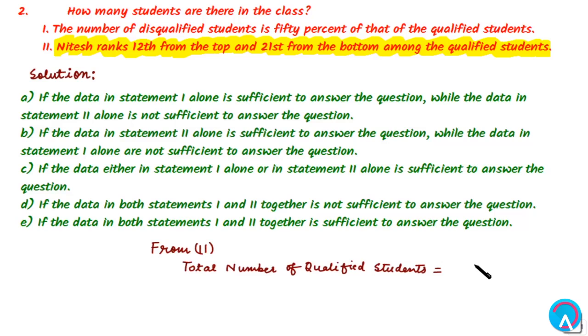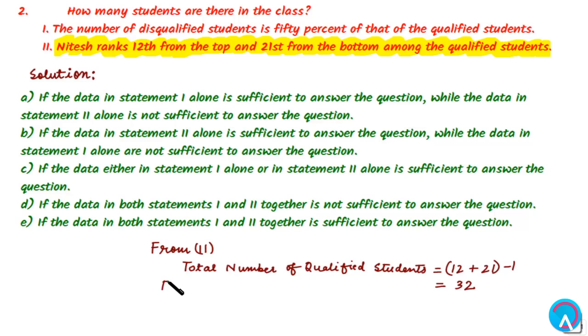So here we can write that from statement 2, the total number of qualified students will be 12 plus 21 minus 1. This is equal to 32. And from the first statement, the number of disqualified students is 50% of that of qualified students.